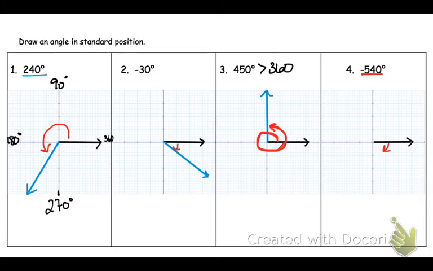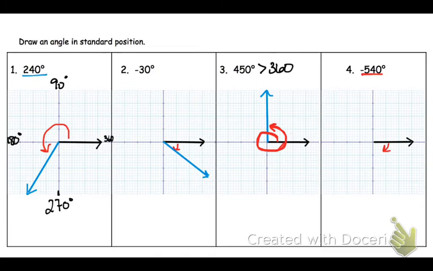So the negative just indicates my direction. I'm going to look at the difference between the positive 540 and 360 to identify how much past one full rotation I've gone.